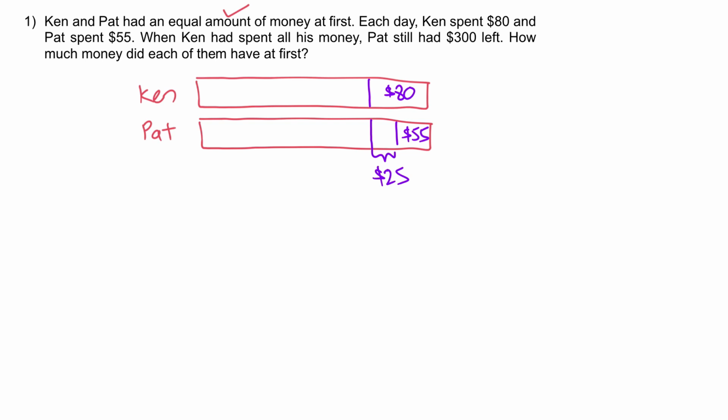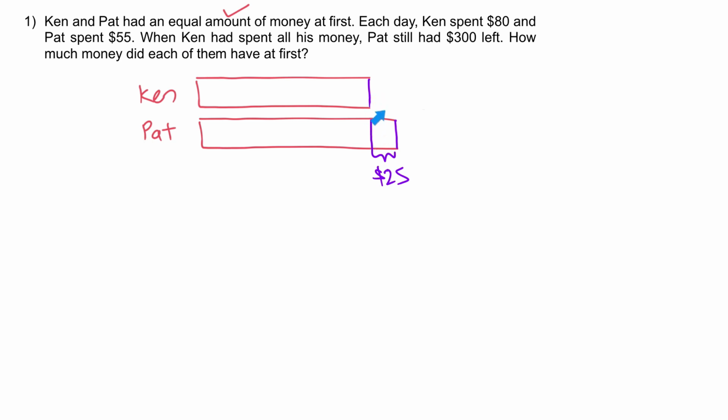Okay, so let me erase it. After one day, this $80 is gone, and this $55 is gone. And what would be the difference? $25. Now you think about it. If this pattern repeats, which it will, Ken continues to spend $80 and Pat continues to spend $55.